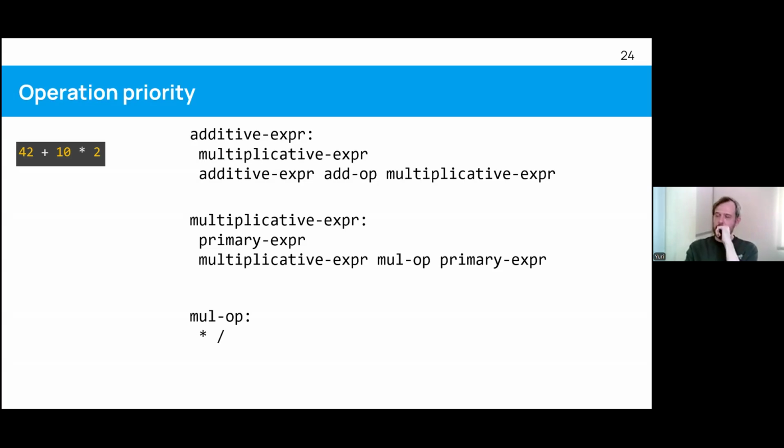And you might see a pattern here, right? Additive expression and multiplicative expression are defined in the same way, according to the same basic principle. They have the same structure. They just have different parts of them.